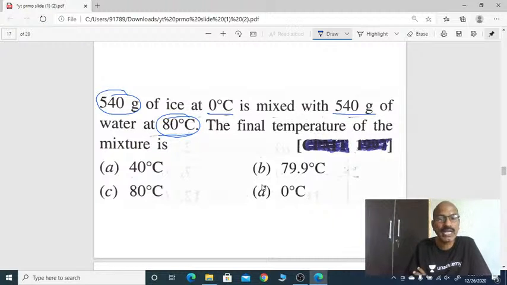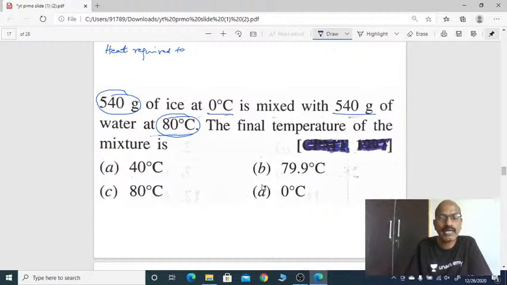We know that Q equals m into L. The latent heat of ice is 80 calories. Keep in mind.